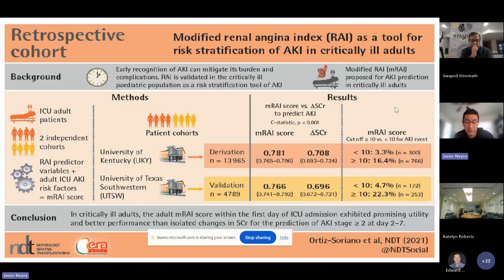With this, we obtained decent, not extraordinary, performance, with AUCs that fluctuated between 0.78 and 0.76 in the external validation cohort. Definitely a little bit better than just using your creatinine change alone to predict the development of severe AKI later on.